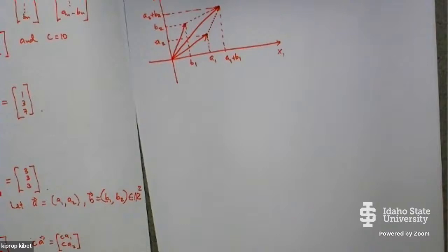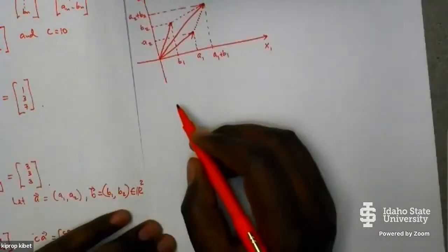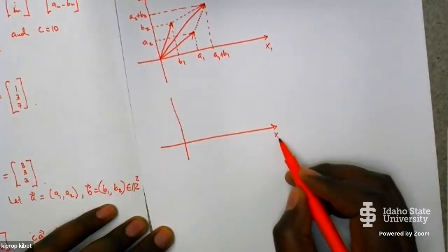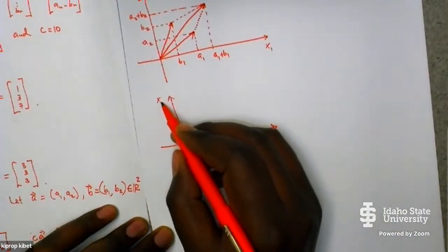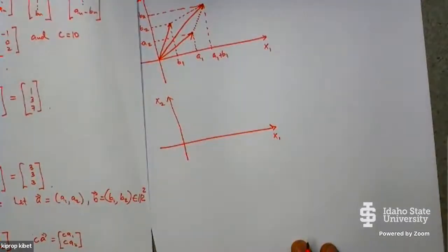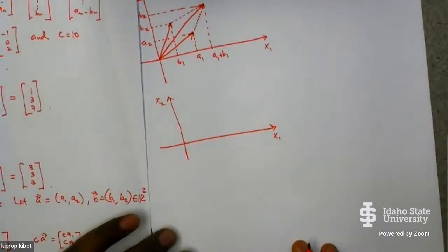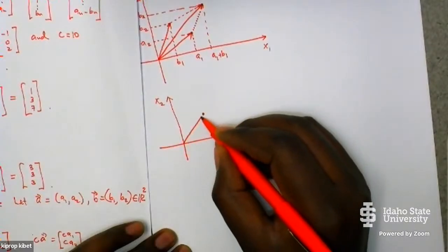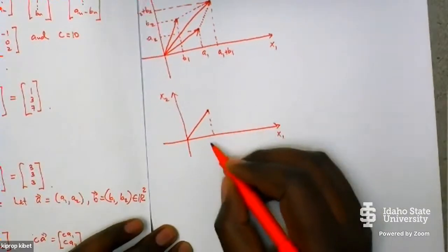Now, if the vector A is multiplied by the scalar, if we take this as x1 and this one as x2, so our point A1, A2 is, let's say, this point.